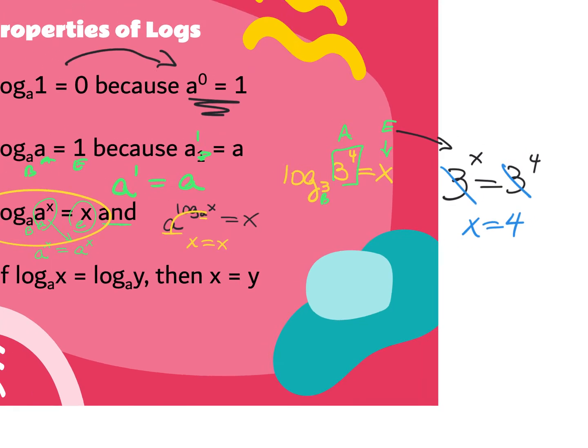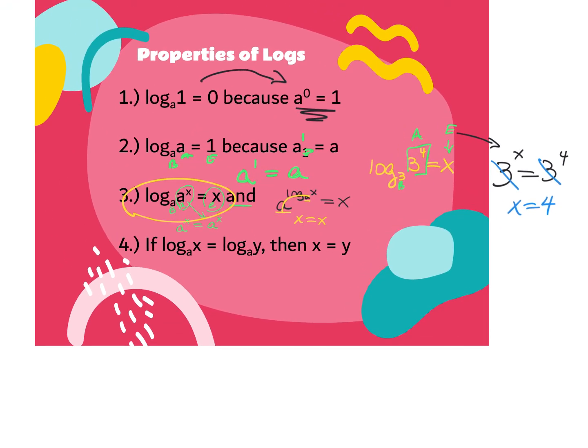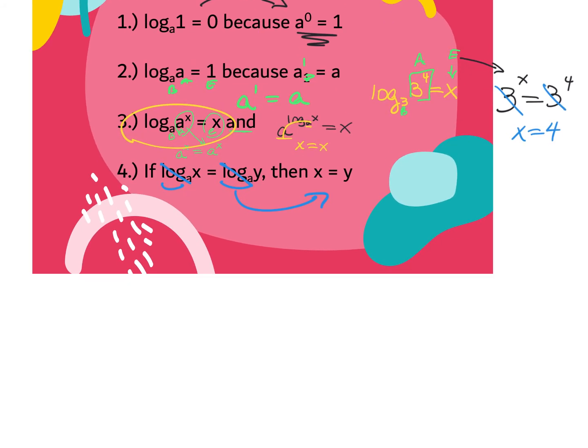And then the last property: whenever the log with the same base is equal to the same log with the same base, then these just cancel out, and you're just left with x equals y. So let's say we had something like this.